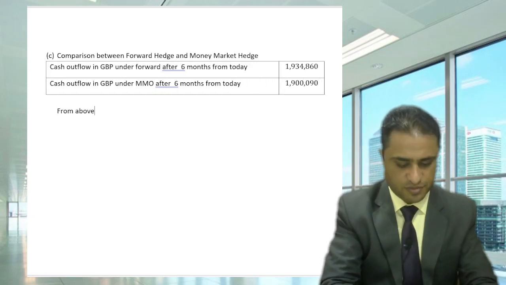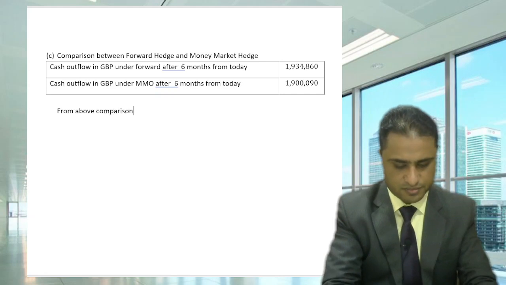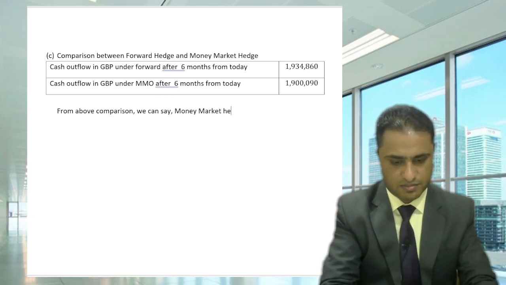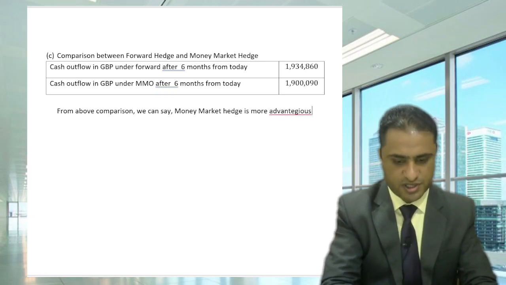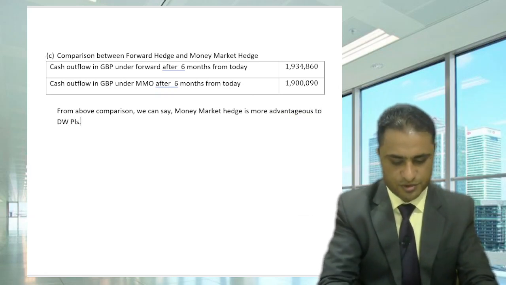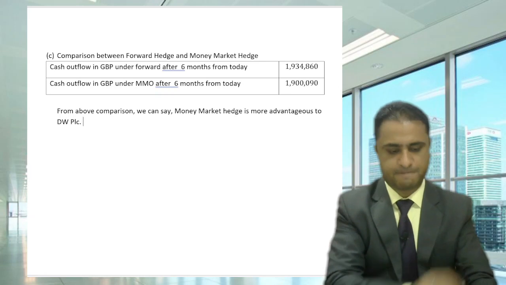From above comparison, we can say money market hedge is more advantageous to DW PLC.